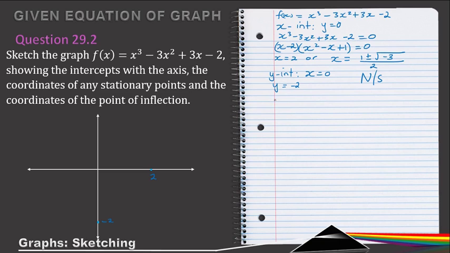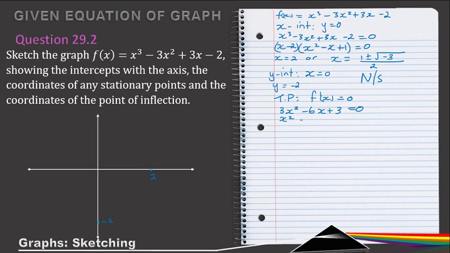Then we need to find the turning points. So for turning points, we need to find the first derivative and equate it to 0. We then get 3x squared minus 6x plus 3. Right, so equating that to 0 and solving, the first thing I want to do before I solve is simplify this by dividing everything by 3.